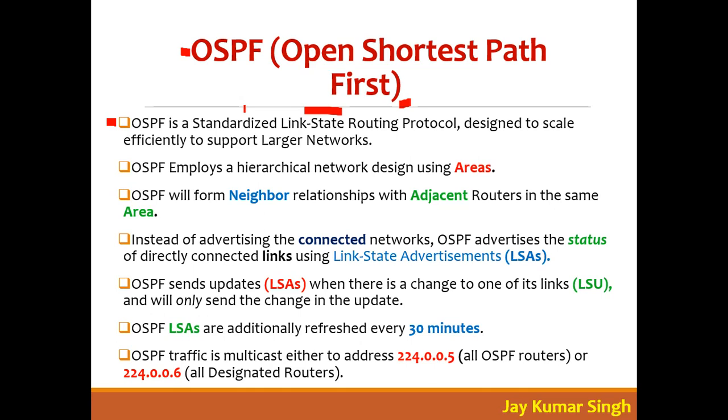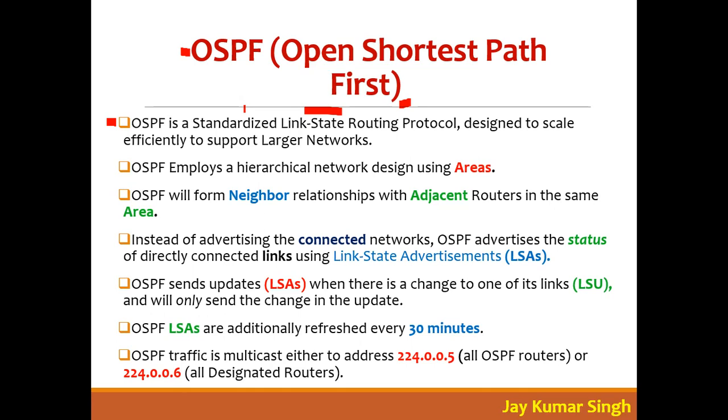What is the meaning of this? It means the RIP protocol and the OSPF protocol you will find on any vendor's routers, like Juniper, CyberHome, D-Link, MikroTik. Any company's router you will find RIP and OSPF, but EIGRP you will find only in Cisco routers.